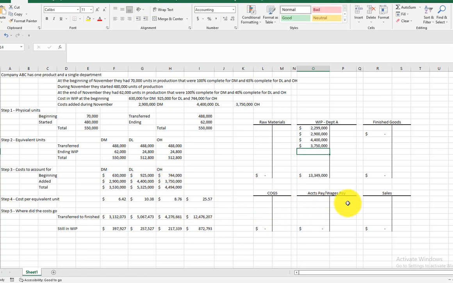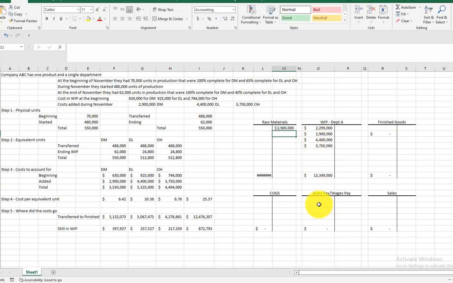Okay. Our materials would come from our raw materials account, and our labor and overhead would have come from accounts payable or wages payable.